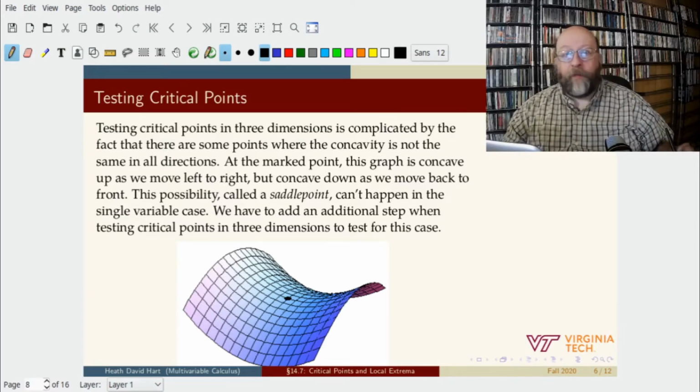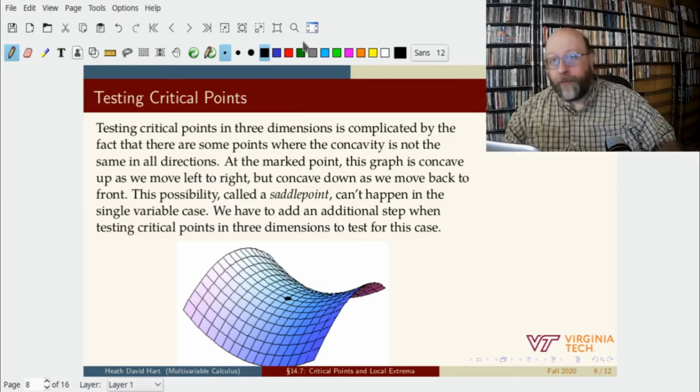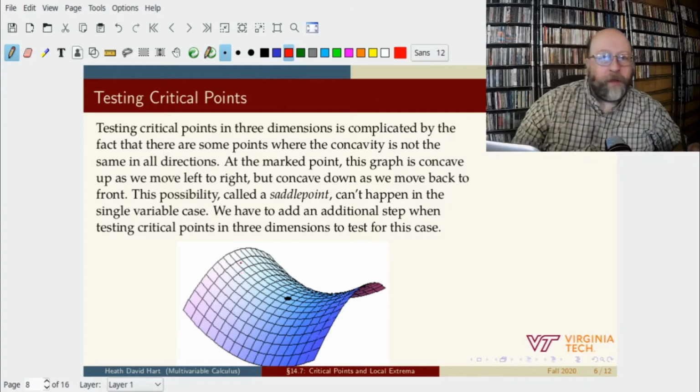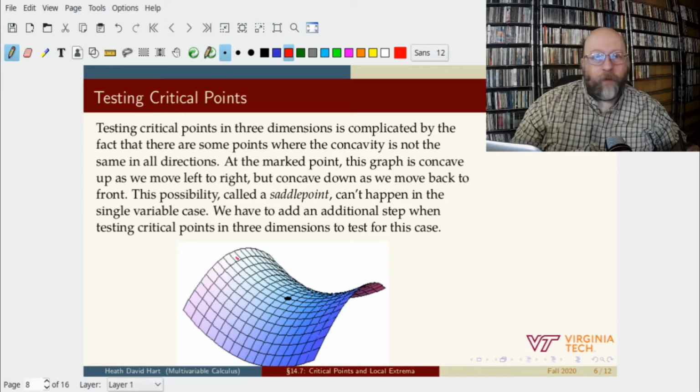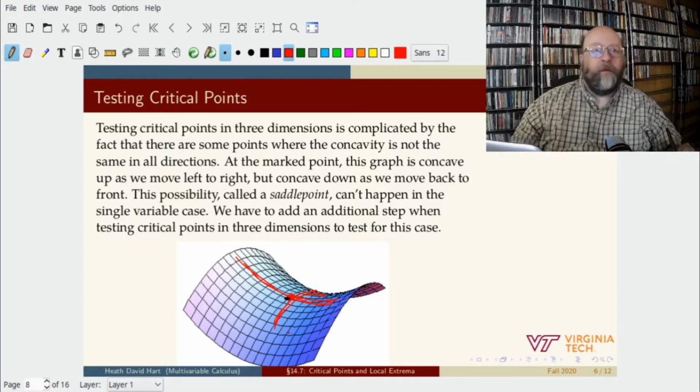At this marked point on this graph here, and I'll do this in red so this shows up nicely, the concavity depends on whether we're going in this direction. Since the graph is concave down, this is a minimum going left to right, but going from back to front, this is concave up, and this is a maximum going front to back.